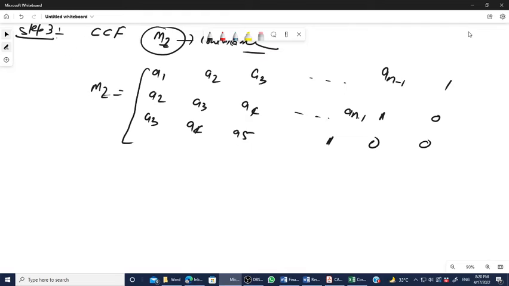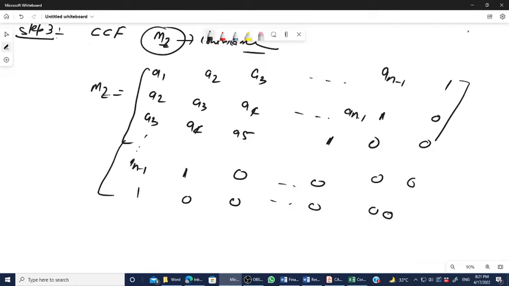I think you understood how it is written. So a n minus 1 1 0 0, 0 0 1 0 0 up to 0, and the inverse of this matrix is nothing but the Mz.